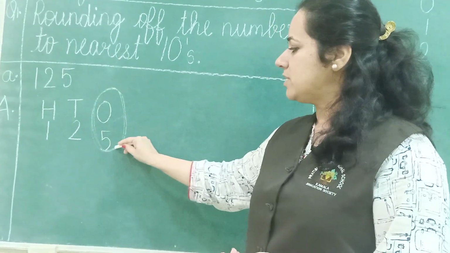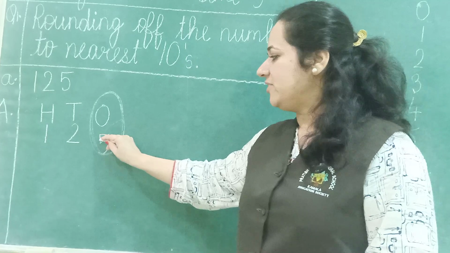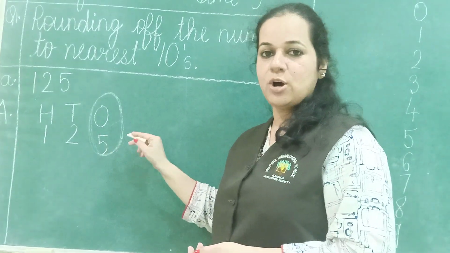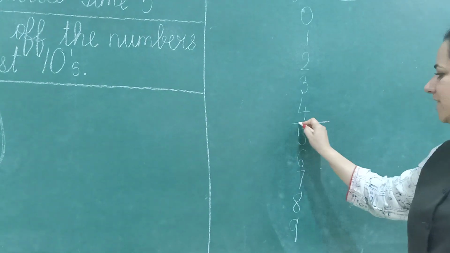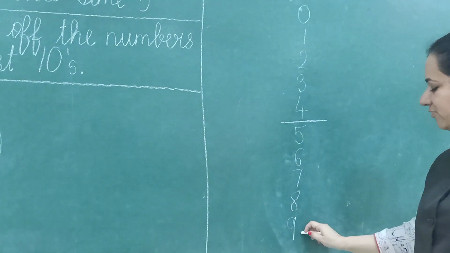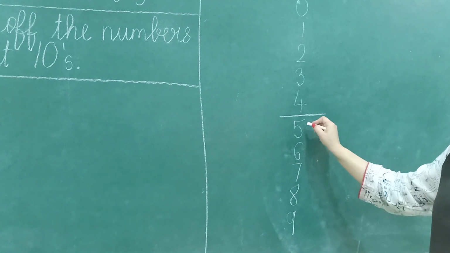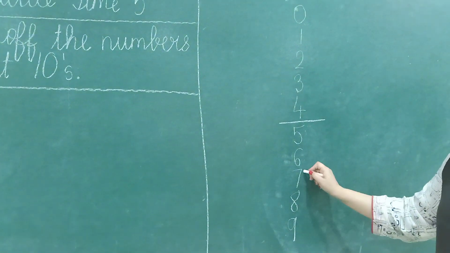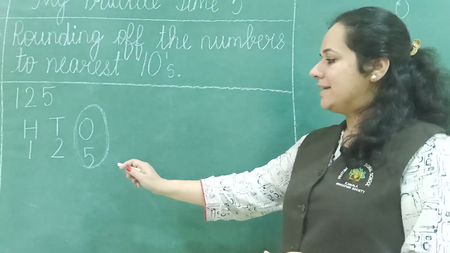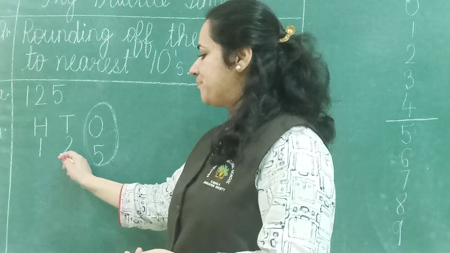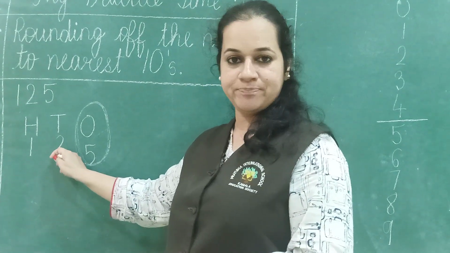If the number is 5 or above 5, that is 5, 6, 7, 8 or 9, the number on the tens place changes from 2 to 3.